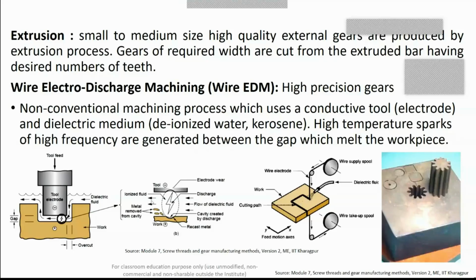The same phenomenon happens in wire electric discharge machining: there is ionization of the dielectric medium and several sparks are produced on the wire surface, which cause melting of the workpiece. Similarly, here the tool surface also wears out with the course of time.